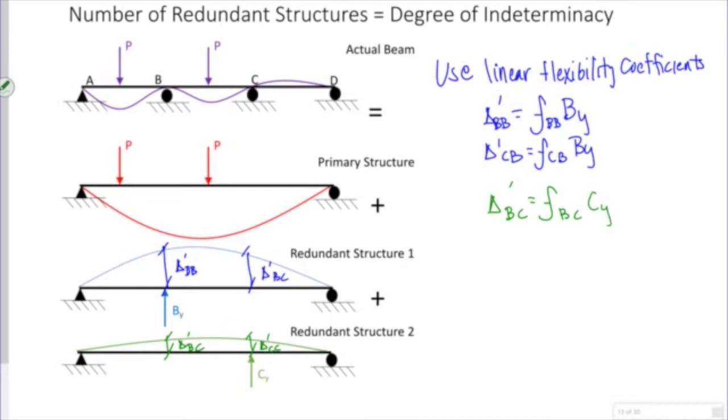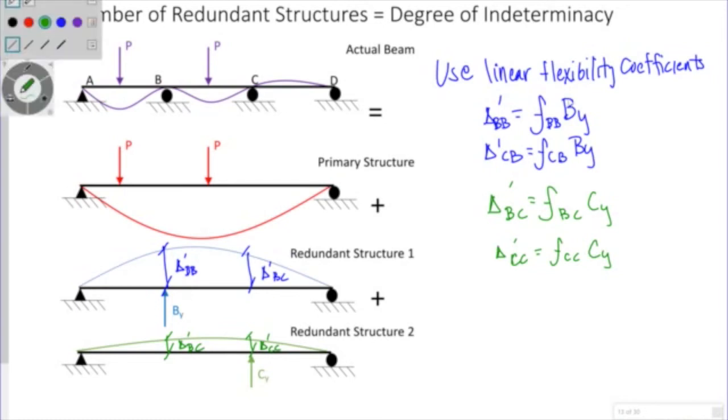My deflection at C due to that force at C, FCC, CY. And you remember I have my primary structure deflections as well. Deflection at B and my deflection at C.